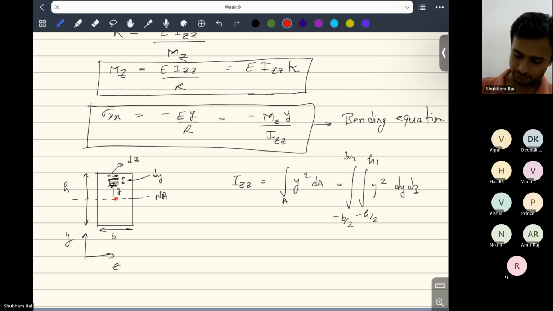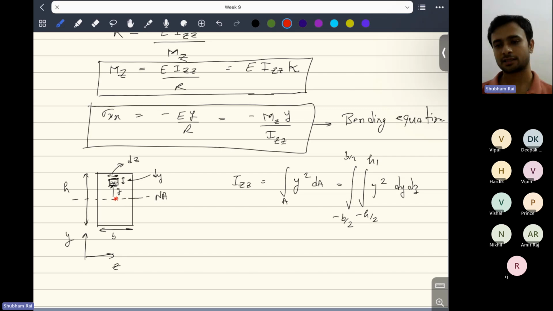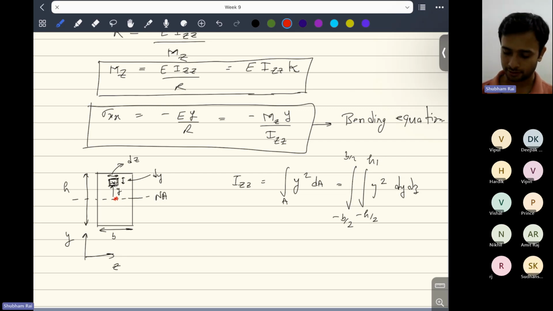Okay, so we are taking this coordinate system at the center of the cross section. So that's why it's like this.